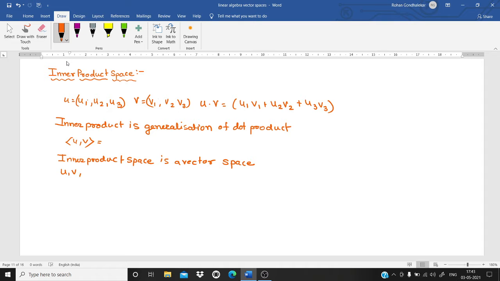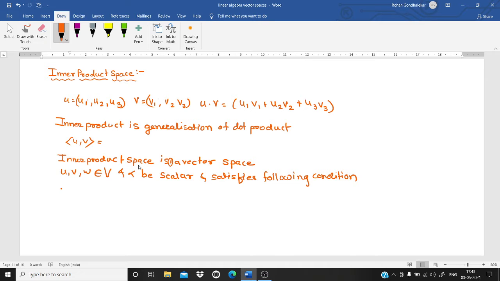Now let u, v and w belong to the vector space V, and let alpha be a scalar, then it should satisfy the following conditions. Now, what are the following conditions?